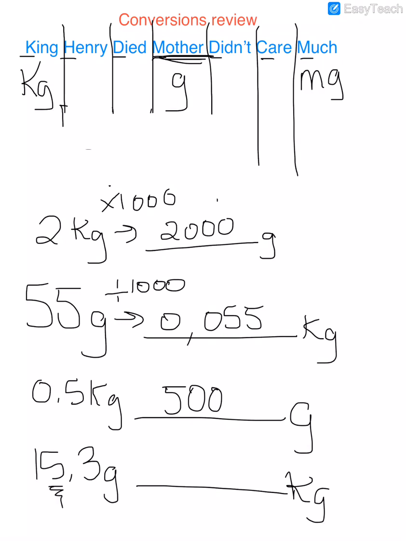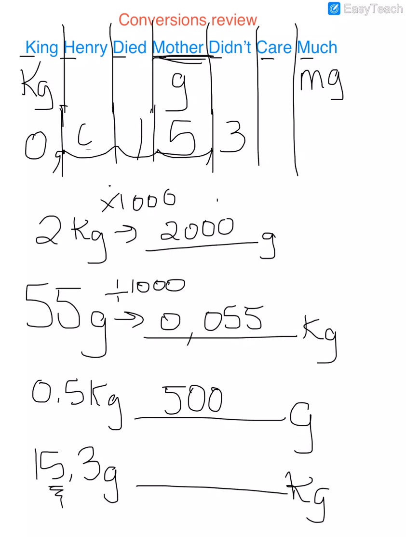So I'm going to place my 5 right here as such. 15.3. I want it in kilos, so I will send the comma all the way to kilos. 1, 2, 3. And the answer is 0.0153 kilos. I divided by 1,000. You try on the stencil.